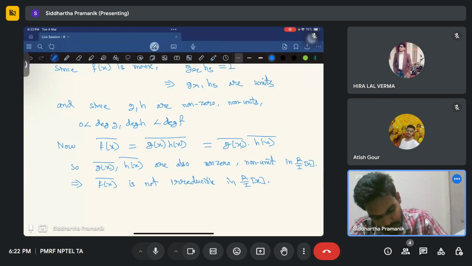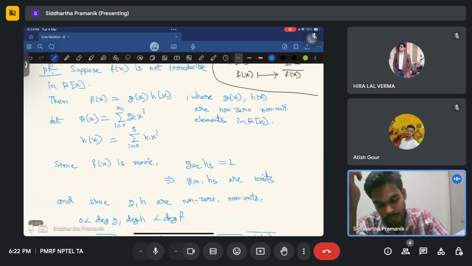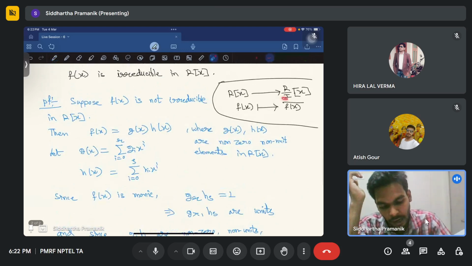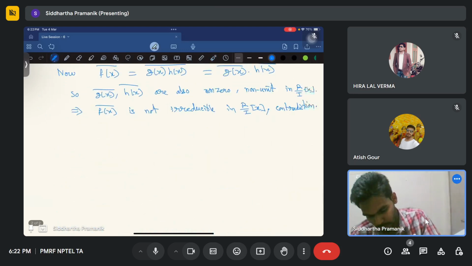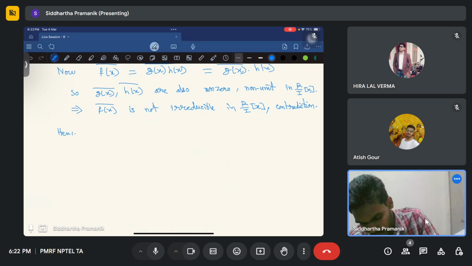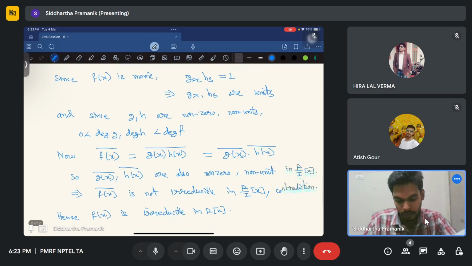So this is a contradiction, because I is an ideal such that f(x) bar is irreducible in (R mod I)[x]. So what we have assumed is wrong. Hence, f(x) is irreducible in R[x]. So this completes the proof.